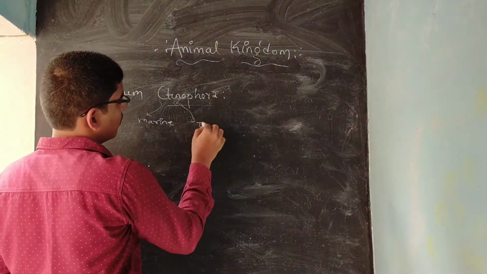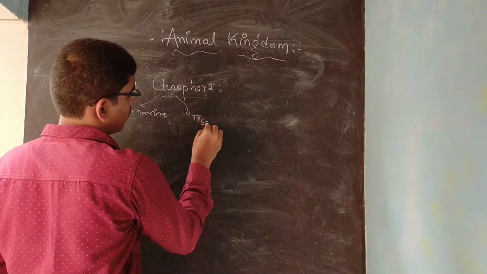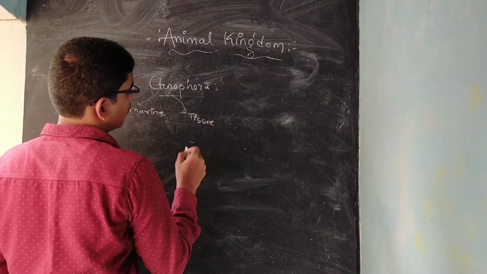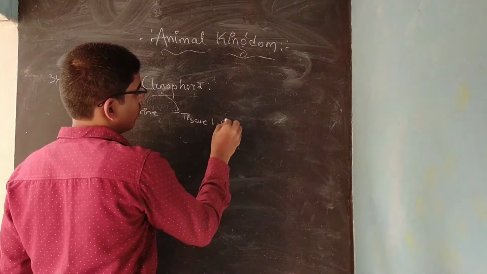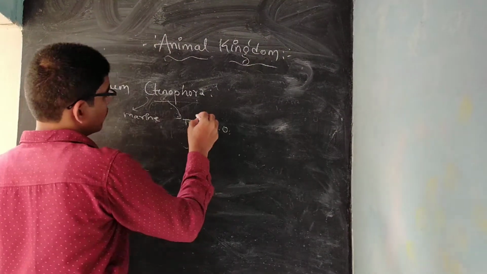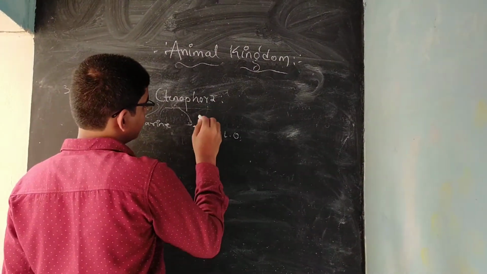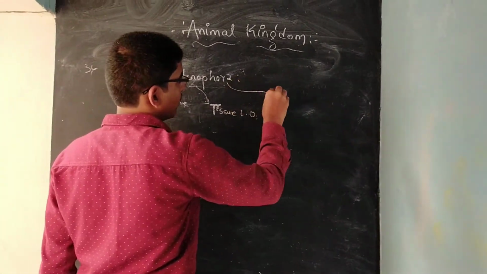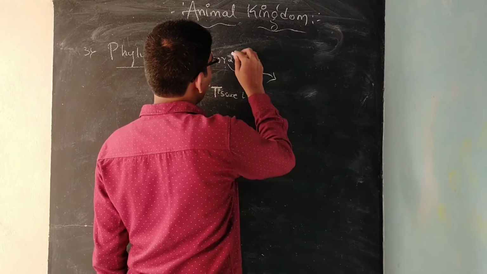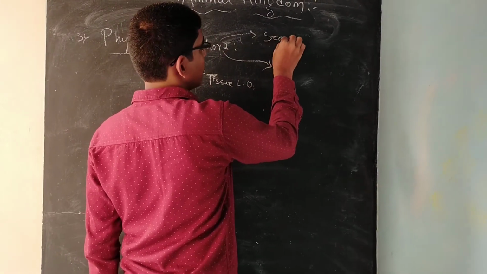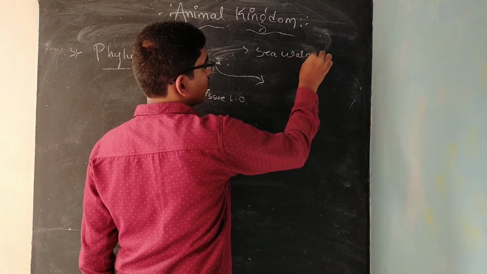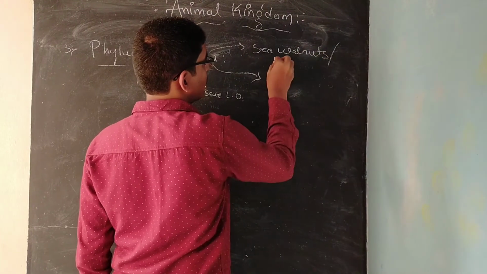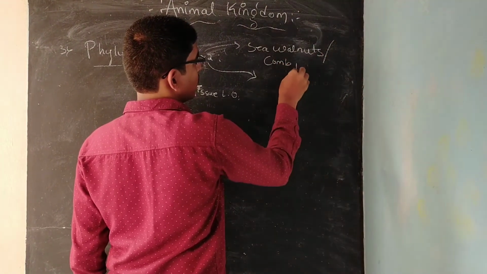They exhibit tissue level of organization. They also have a unique character. They are commonly called as sea walnuts or comb jellies.